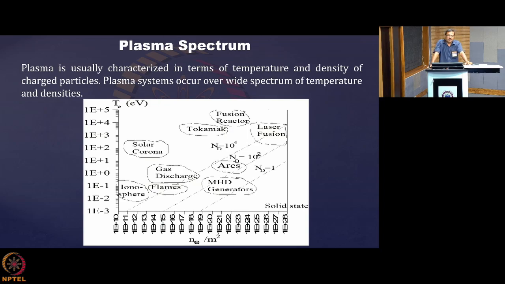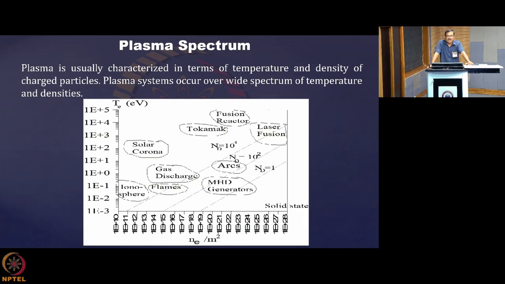So you can have a very high temperature plasma in a fusion reactor, laser fusion, tokamak, solar corona, and if you want to achieve very high density in the laboratory, then you can see that electrical arcs can easily give you a number density of 10 to the power 22 to 10 to the power 23 per meter cube when you are going for this plasma generation.